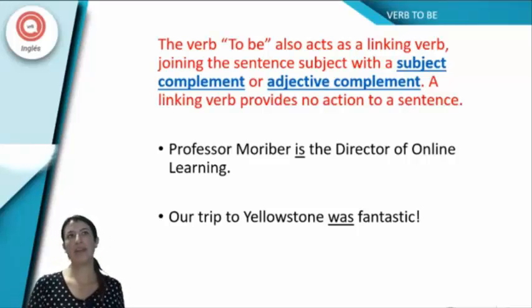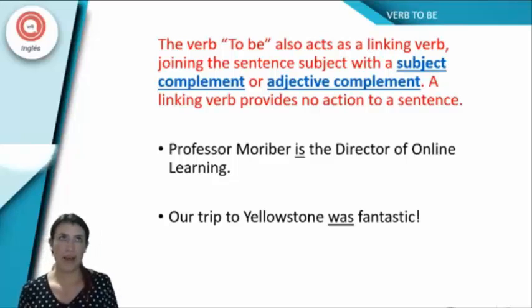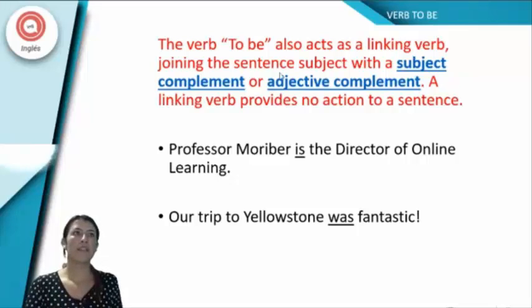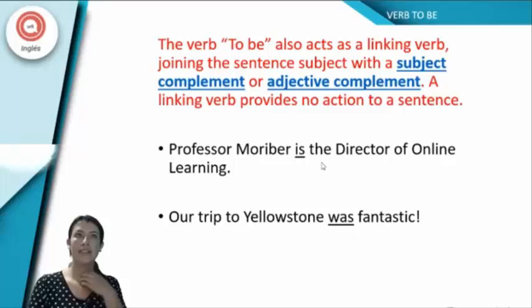Normally, verb to be is ser or estar. But here, it is just linking the sentences, but it doesn't have any action. It doesn't represent ser or estar. It's just connecting the two sentences. So, for example, Professor Moriver is the director of online learning. Yes? So we are saying es.